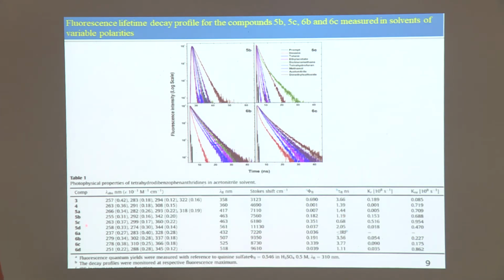So next is 5B. 5B is N,N-dimethyl. Here we are having 292, 342. There is a redshift here itself, and the emission is also redshifted.